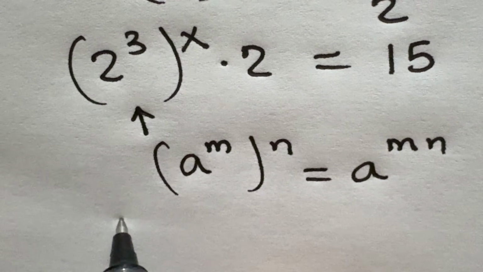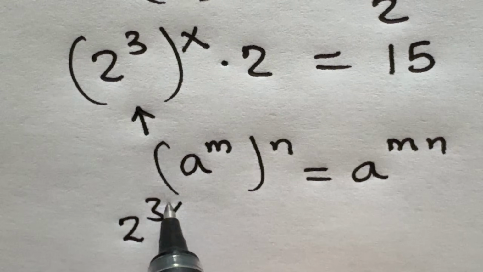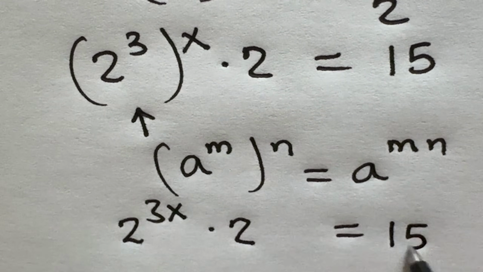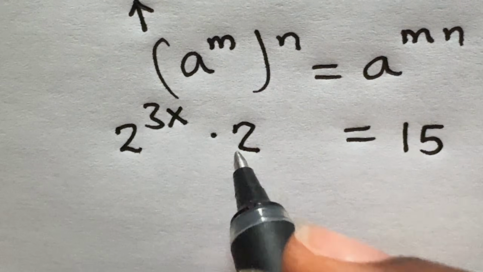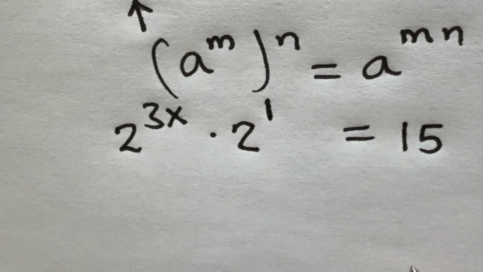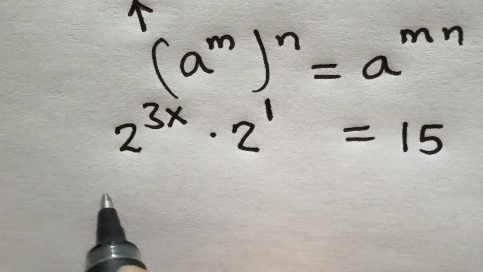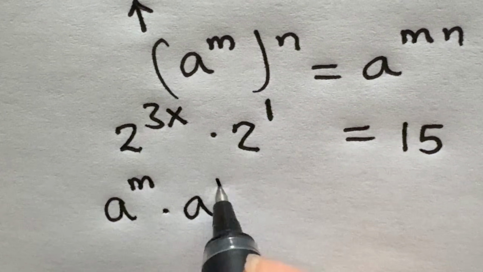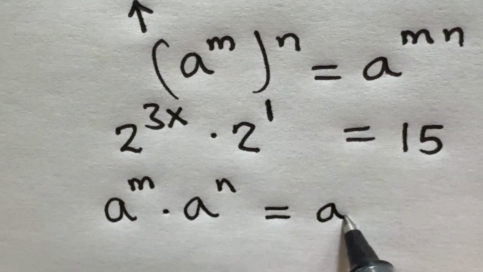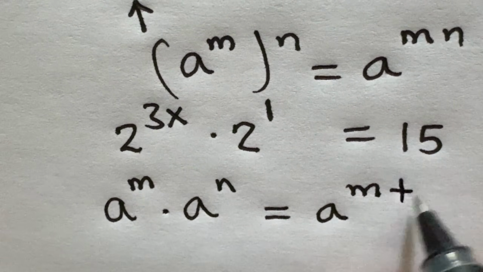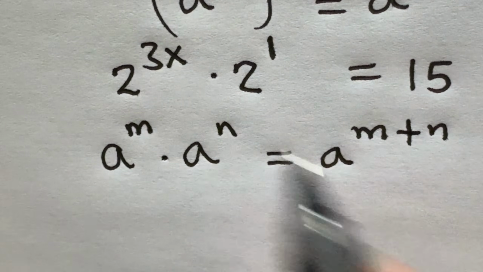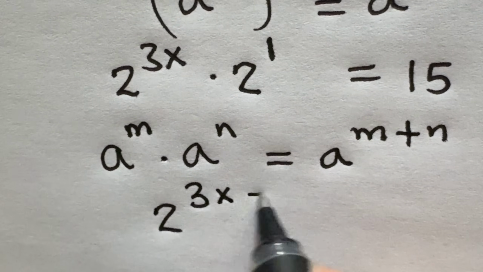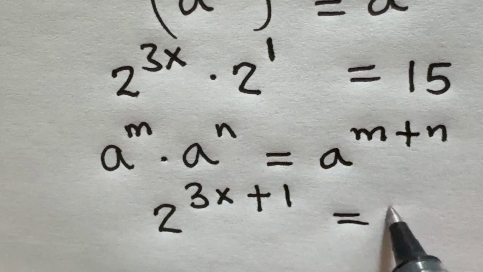So here this is 2 raised to power 3x, then times 2 is equal to 15. 2 here is also 2 raised to power 1. Applying another law of indices, given a raised to power m times a raised to power n, we can write this as a raised to power m plus n. So this becomes 2 raised to power 3x plus 1 is equal to 15.